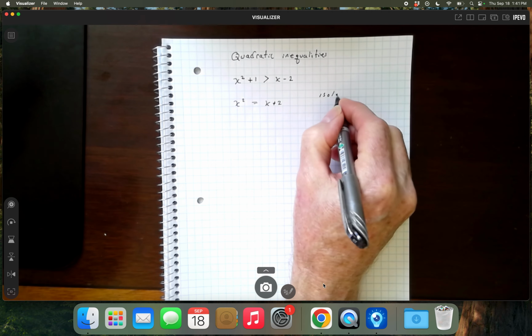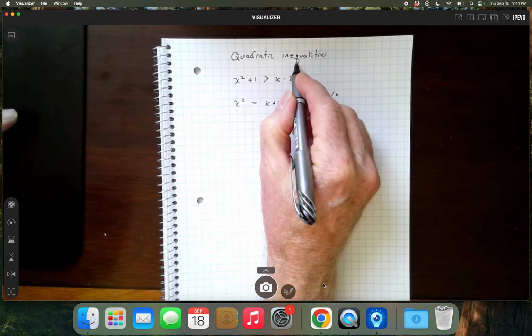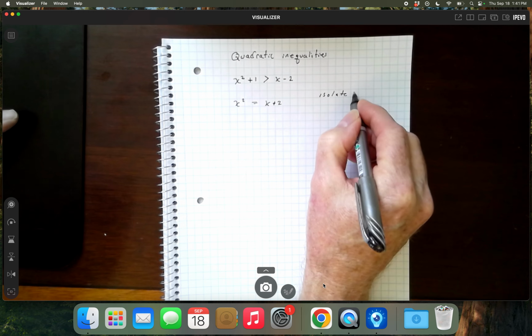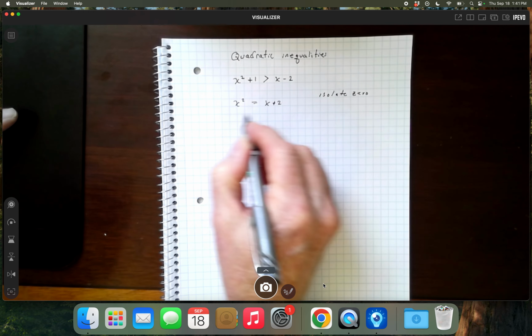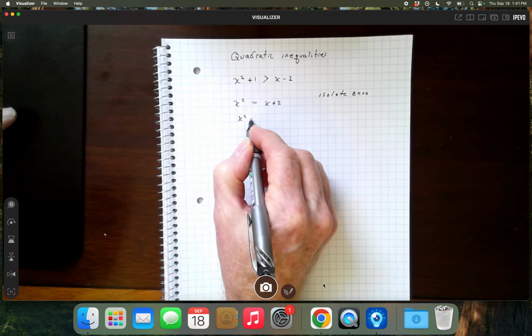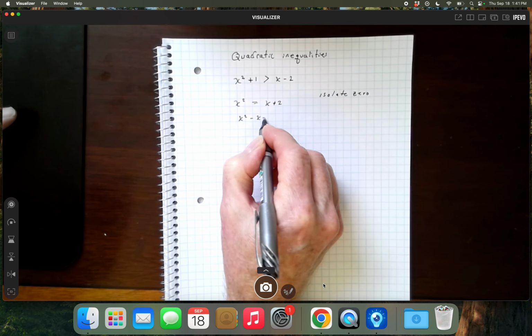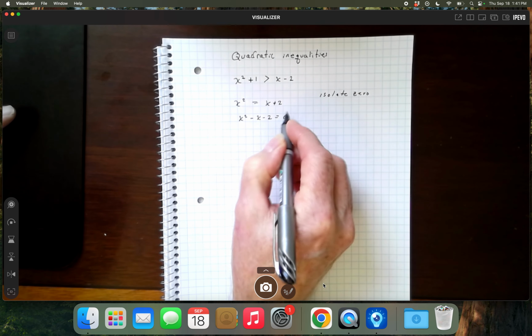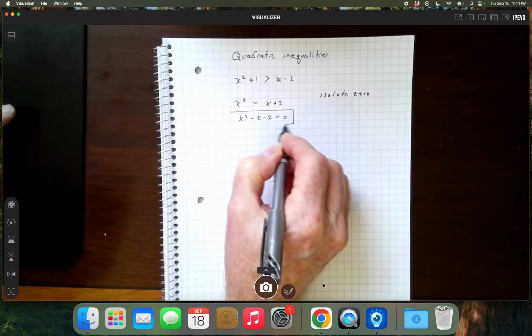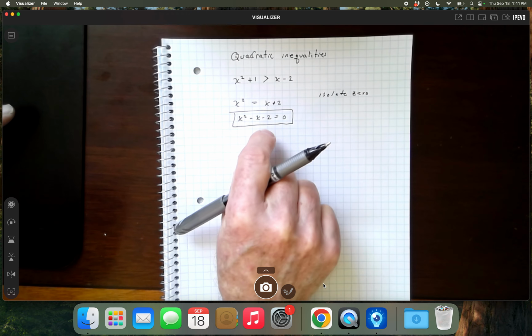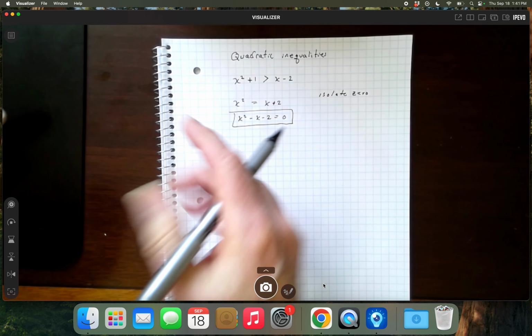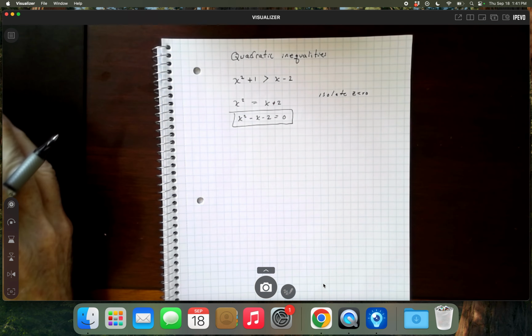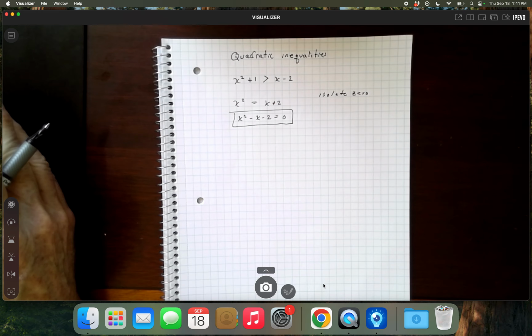Okay, we're talking about equations right now. We're going to come back to inequalities. You isolate 0 on one side. So I'm going to get x squared minus x minus 2 equal to 0. That's step 1. Now step 2 is then you use either factoring or the quadratic formula to solve it.